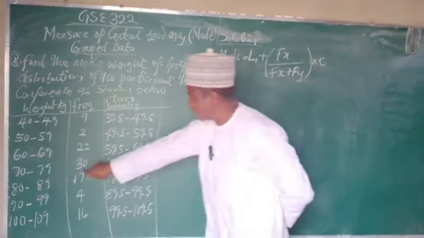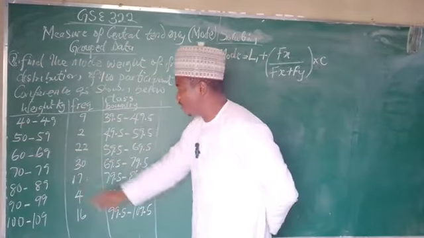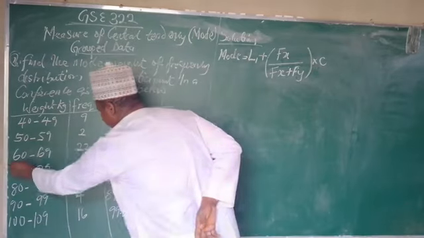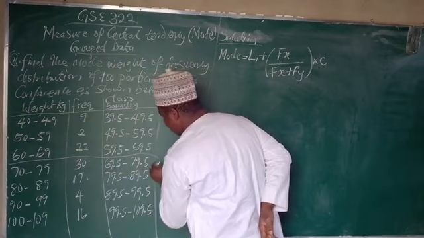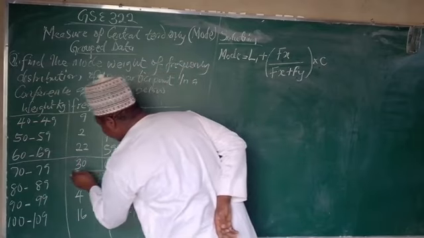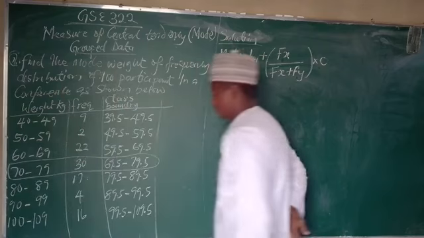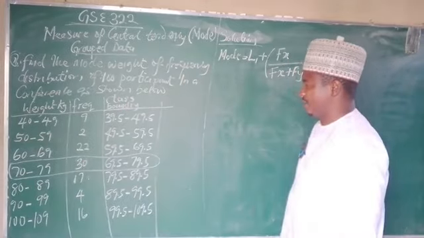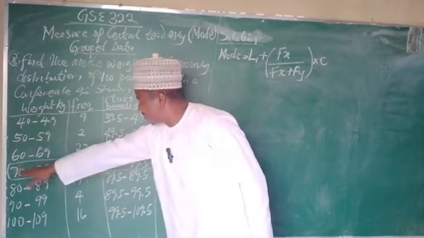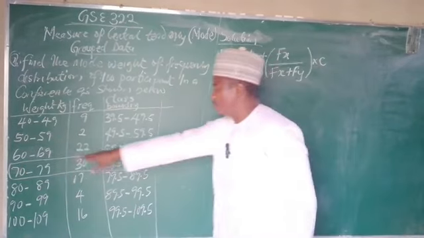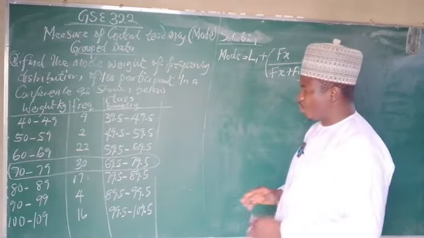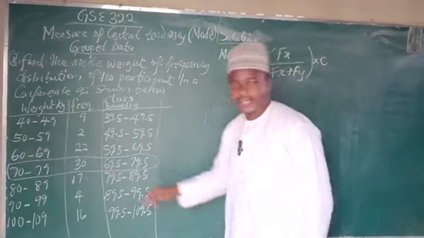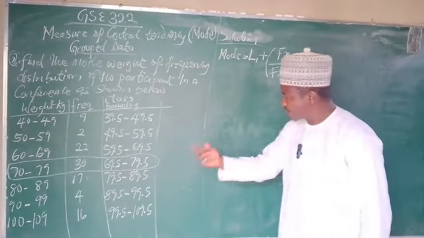Of course, this 30 is the highest frequency. So all these figures belong to the modal class. All this row is the modal class.